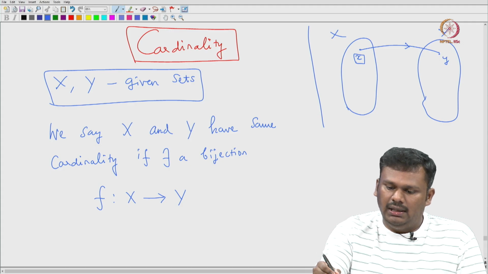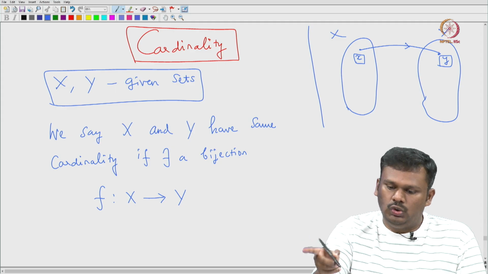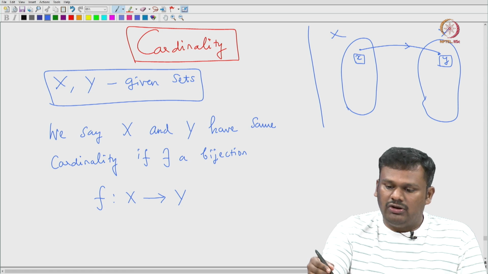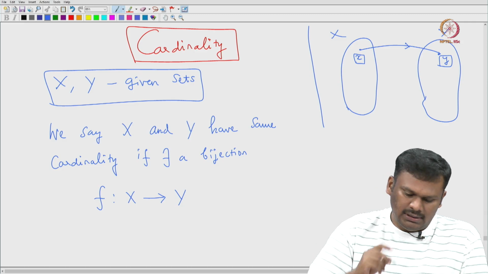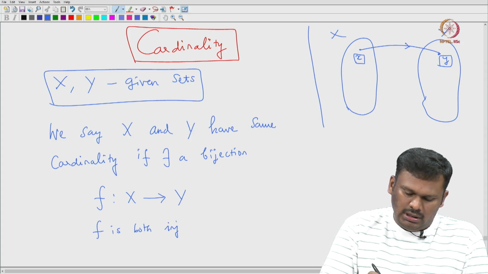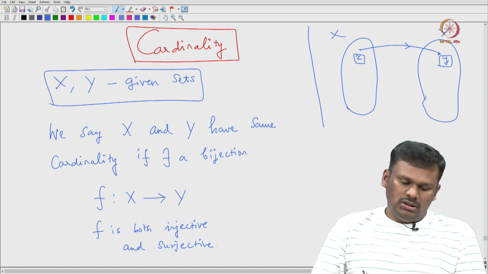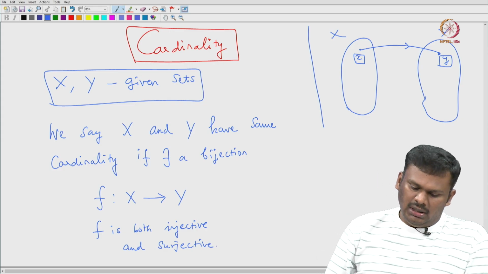So, given y, you have a unique pre-image x inside x. Two elements in x should map to two elements in y, and surjective means each y is coming from actually some x in x. So, f is both injective and surjective. Then you say that they have the same cardinality.